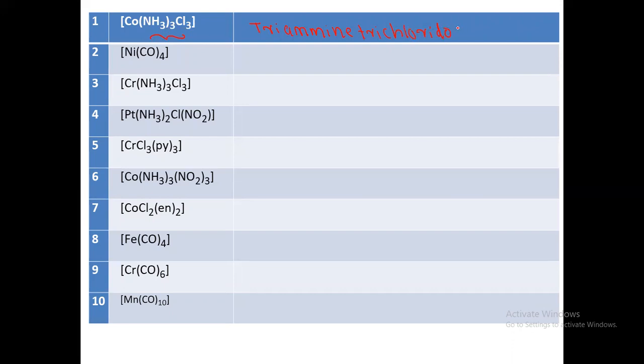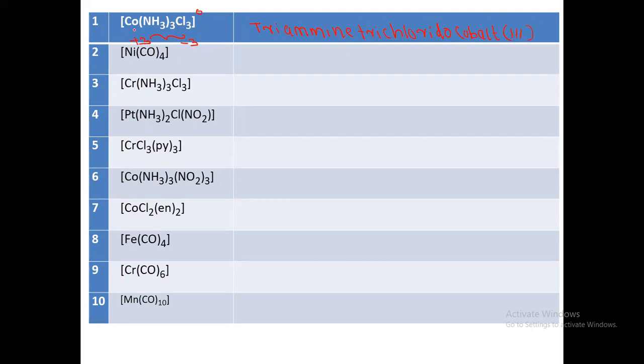Then the metal name as such, cobalt. Once the metal is written, the next should be the charge of the metal. Ammonia doesn't have any charge, Cl3 has 3 negative, minus 3. The total charge is 0, so the charge of the metal should be plus 3. So cobalt 3. That's it.